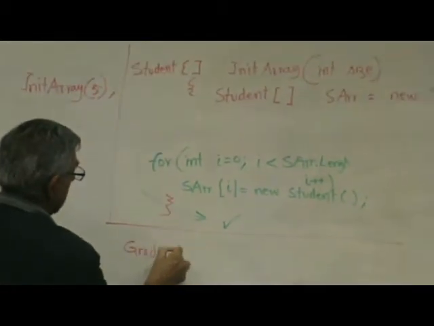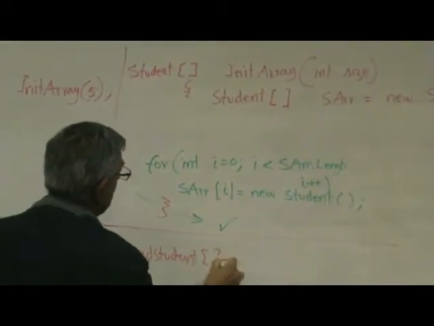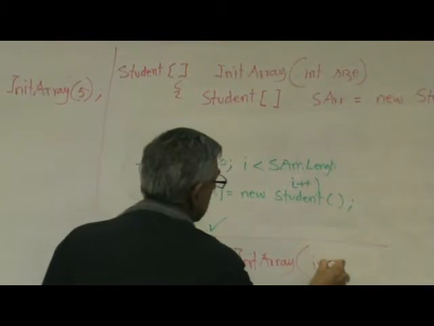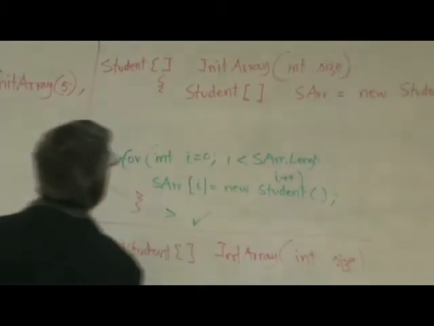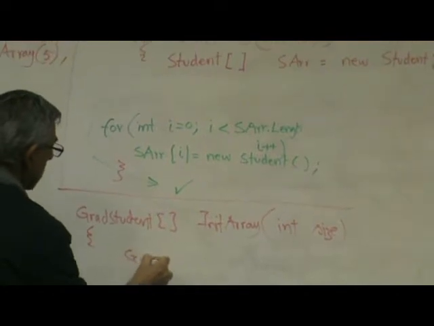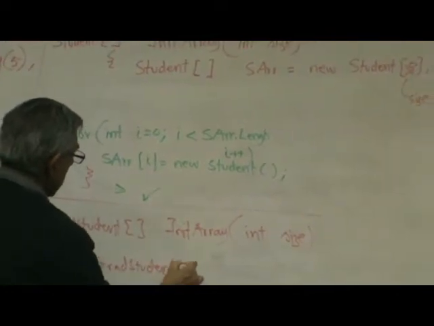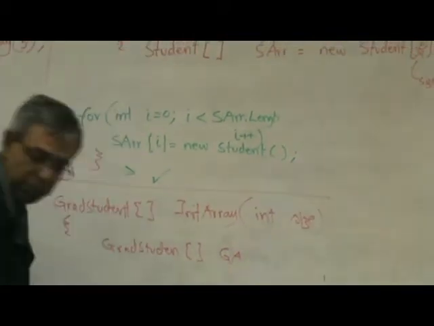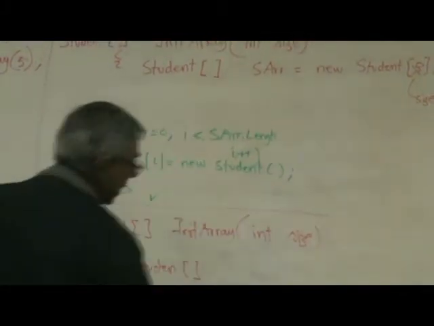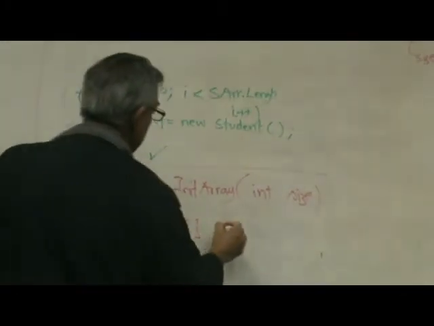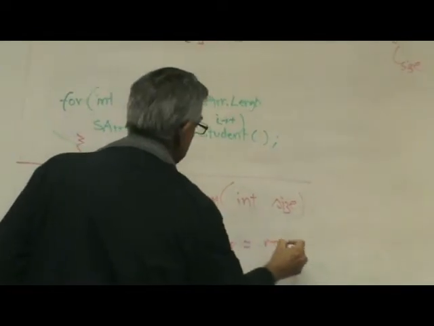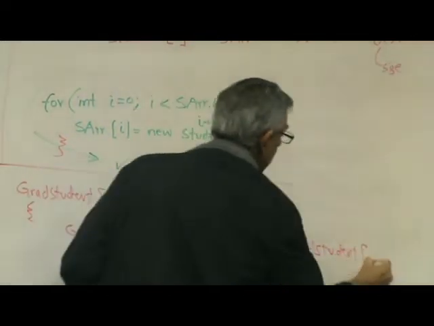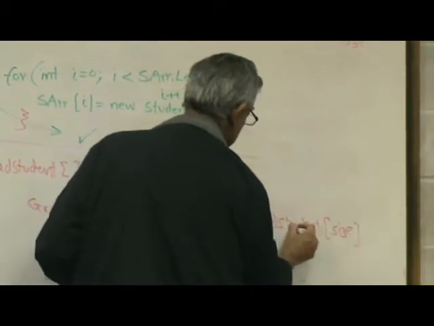So you will say grad student init array, int size, okay, and again grad student. Let's call it G array, or let me leave the same name because it will be easier to change it. Okay, so if I say S array equal to new grad student, in this case size, correct?